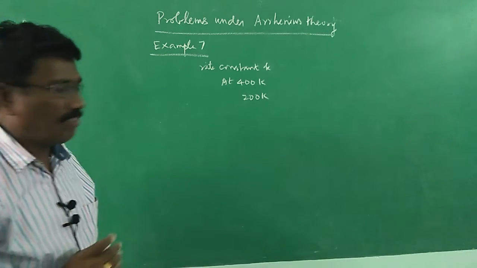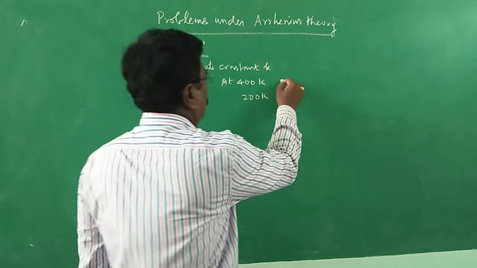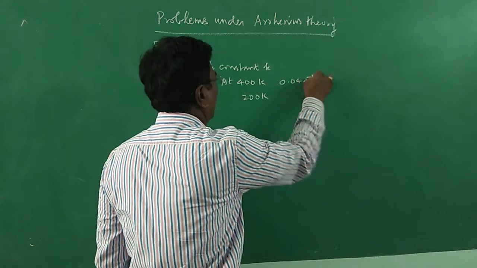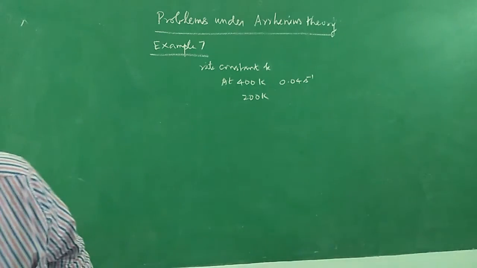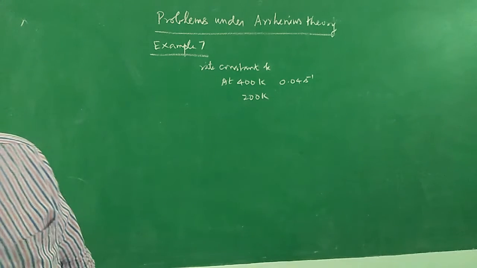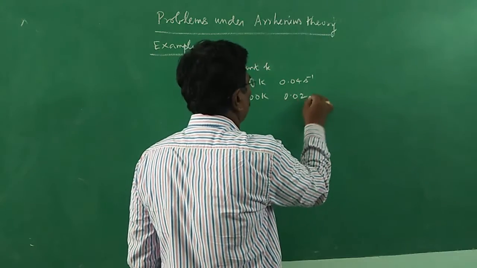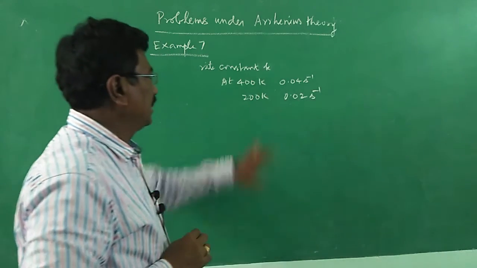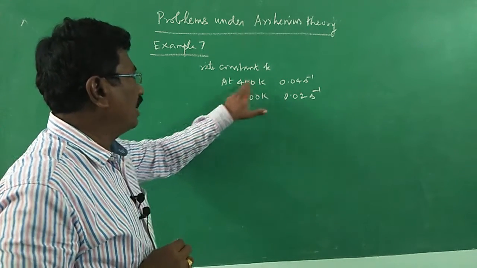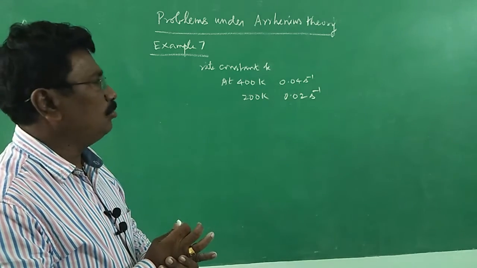So at 400 Kelvin, the value may be 0.04 per second. At 200 Kelvin it is 0.02 per second. Given data: at 400 Kelvin rate constant is 0.04 per second, at 200 Kelvin it is 0.02 per second.